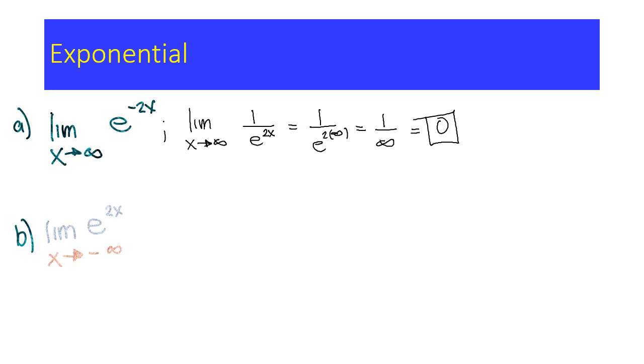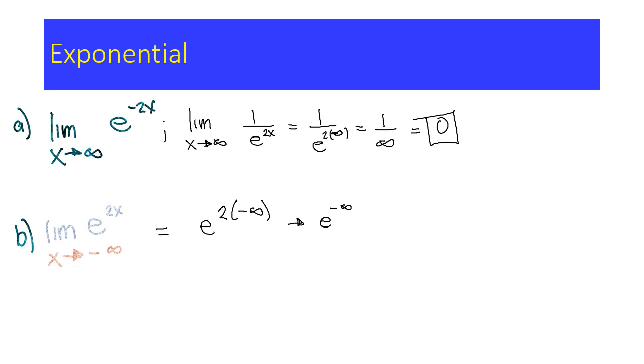Now we have the second example. If we are asked to find the limit of e to the 2x as x approaches negative infinity, we can think of it as we plug in e to the 2 times negative infinity. Now, it is just the same as e to the negative infinity.